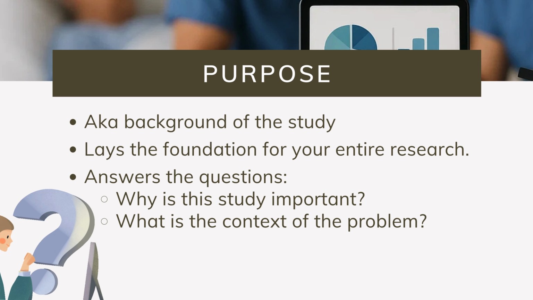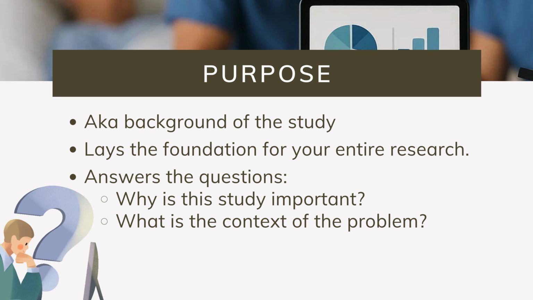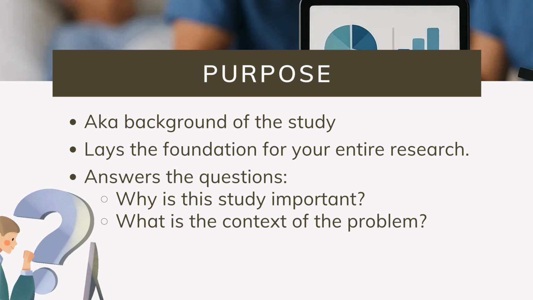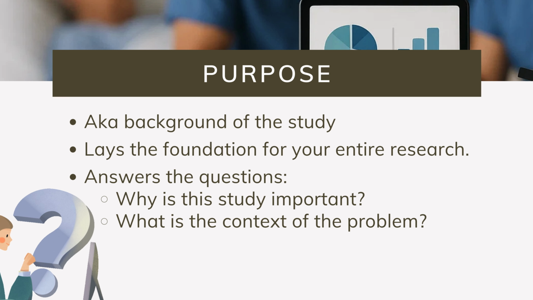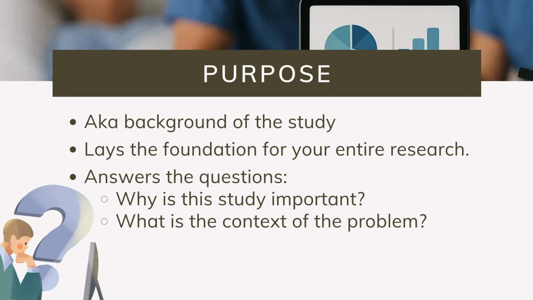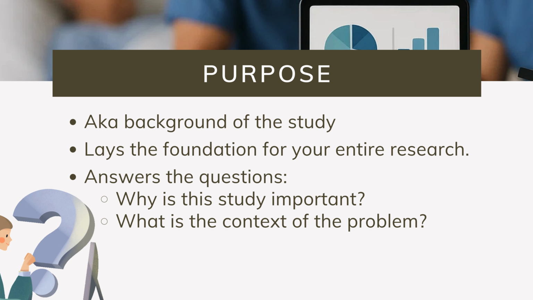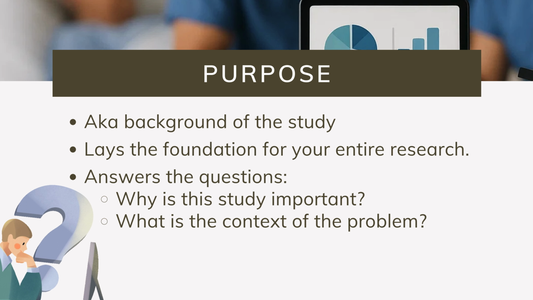We need to place our research within a context, whether global, national, or institutional. That is because your readers need to see that the problem is not an isolated one, but a part of a bigger system.